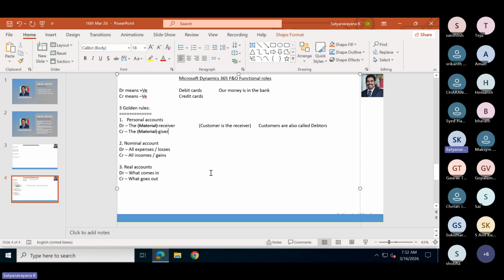The moon will never come to earth, but mother will speak like that for the child. Same here, I'm adding material, but I cannot change the rules. For understanding purpose, I'm modifying: debit the material receiver, credit the material giver.